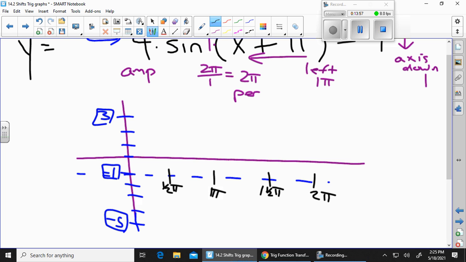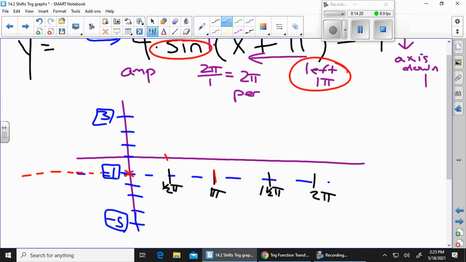So now I'm like, okay, I'm ready to draw it. Sine usually starts at the axis, but I'm supposed to go left 1 pi. Well, if you look, 1 pi is 2 slash marks to the right. So what am I going to have to do?